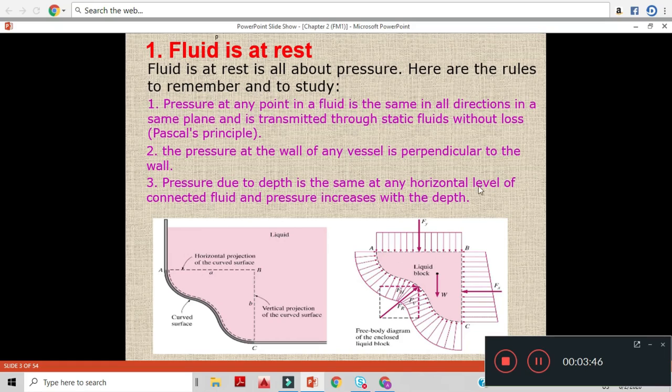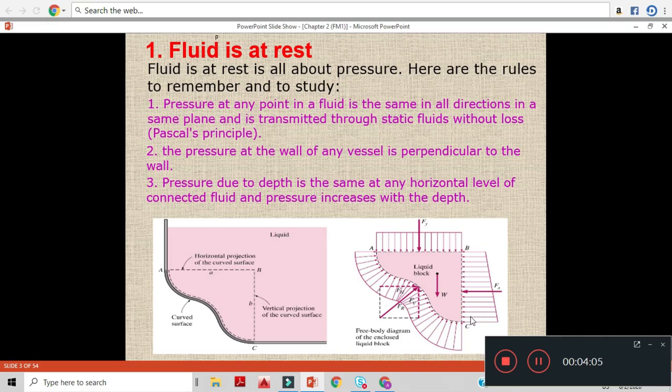Next, in a fluid the pressure increases with depth, and you can see that from B to C the depth of the fluid is increasing. So you can see the pressure profile. As the depth is increasing, the pressure profile is also increasing.